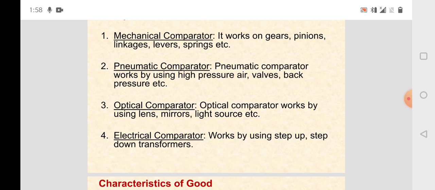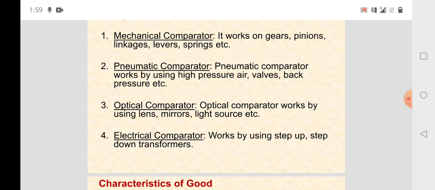A probe or a plunger comes in contact with a workpiece, and how much it moves upward and downward, that movement of the plunger can be transferred as the movement of the indicator on the dial. These things can be done with the help of gears, pinion, rack and pinion, levers, or springs simply.